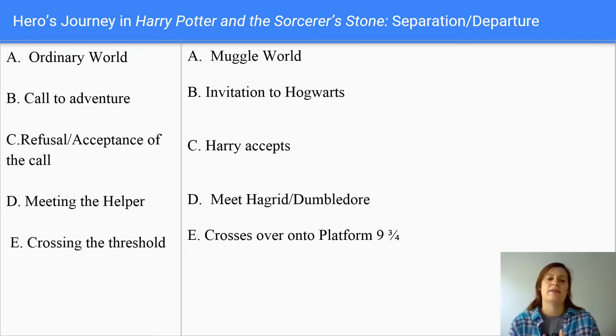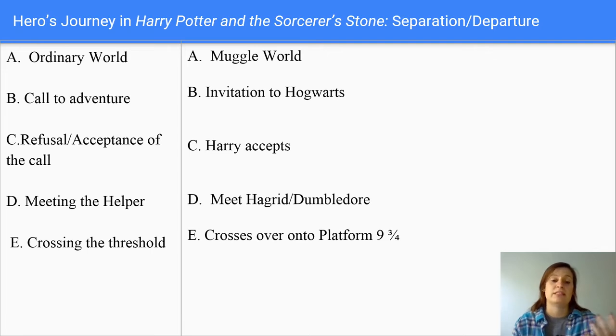The next thing that we have is this refusal or acceptance of the call, and that's that moment where Harry is really grappling with the fact that he is a wizard, but then Harry of course accepts the call. The next part is meeting the helper. That doesn't necessarily mean that it has to be one person.